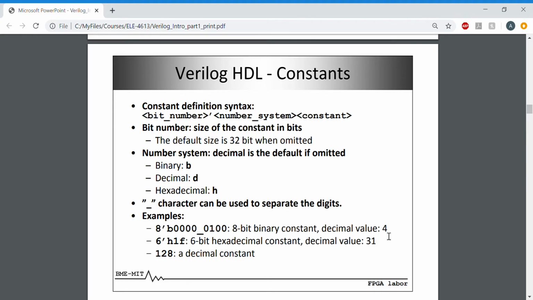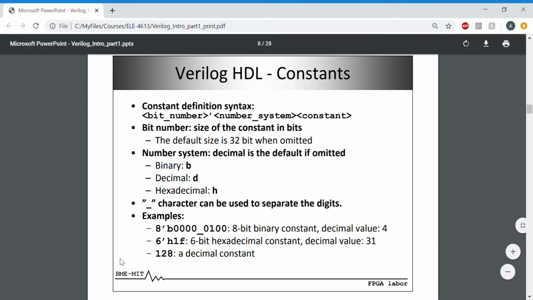So this is the decimal value 4. This is 6'h1F, which is hexadecimal 1F, so this is a 6-bit hexadecimal constant. Why 6? Because we said 6 bits at the beginning, and the decimal value is 31. And 128 is a decimal constant right away. If you write 128, it's just a decimal constant.